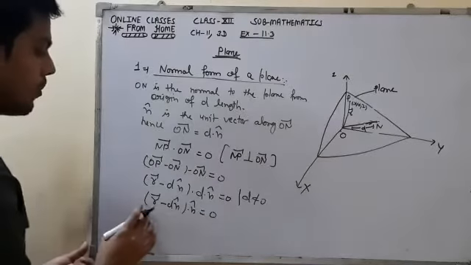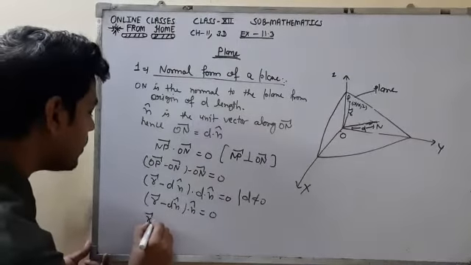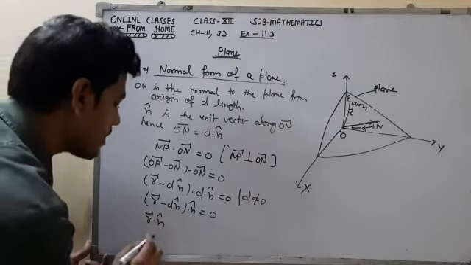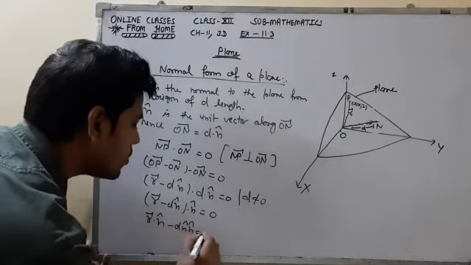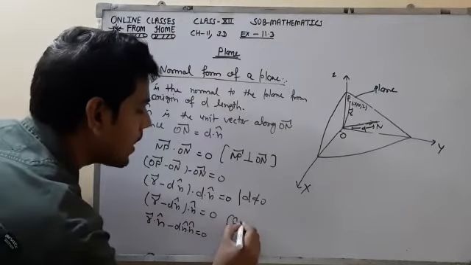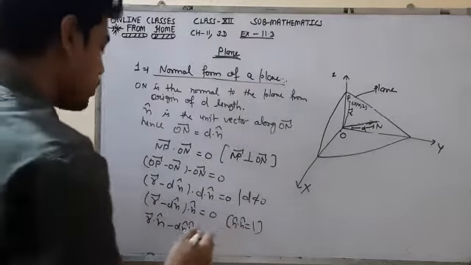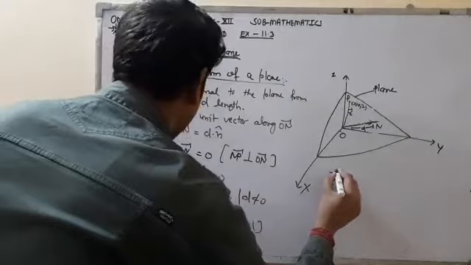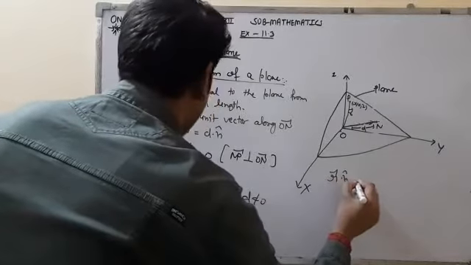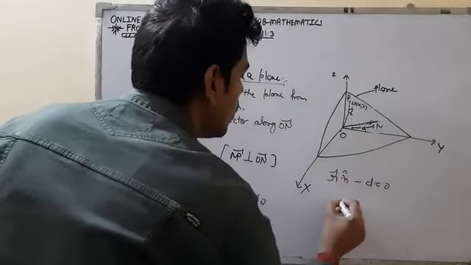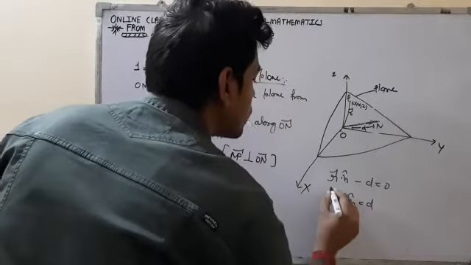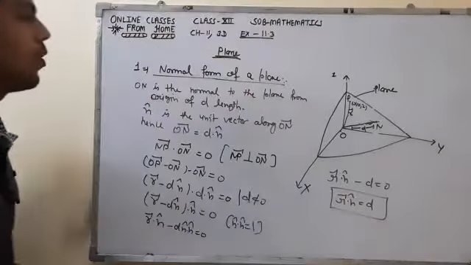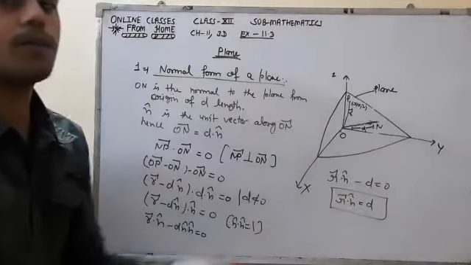Now dot multiply it. So that would be r vector dot n cap minus d n cap dot n cap equals 0. And we know that n cap dot n cap would be equal to 1. So from here we will get r vector dot n cap minus d equals 0. So r vector dot n cap equals d. So this is the vector equation of the normal form of a plane.